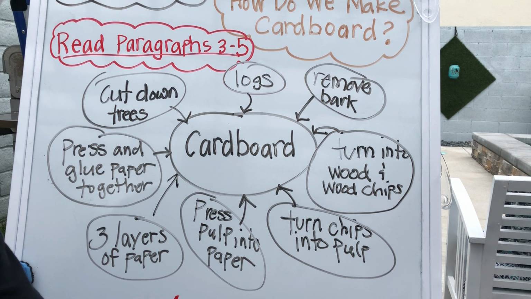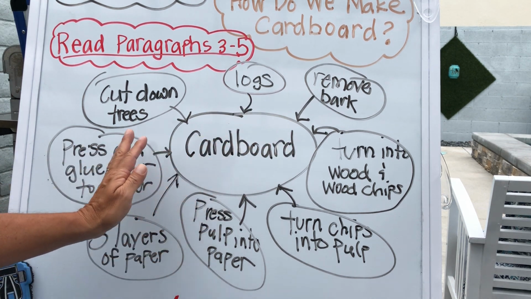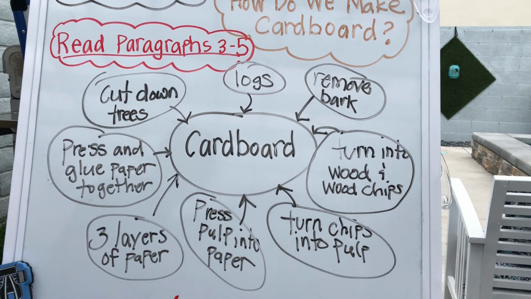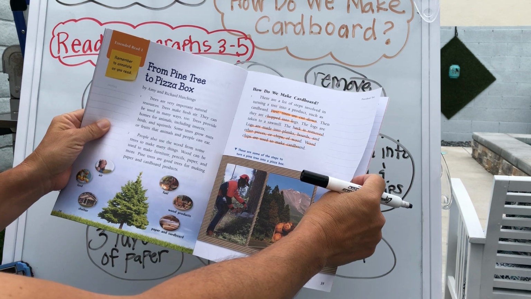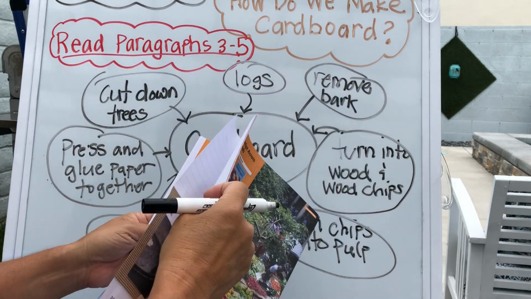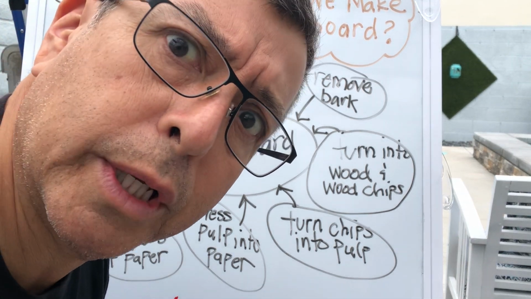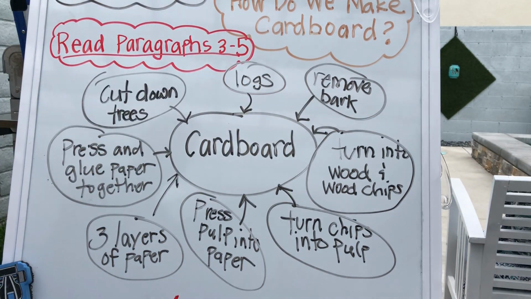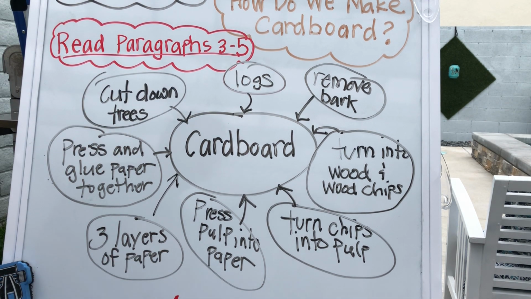A source is where we can find the ideas that we need to help us figure out how to make cardboard. Okay? So once we found our source, then what we did was we read, because we were supposed to read yesterday for homework, so I hope you all read for homework yesterday like you were supposed to. Okay? And today you're going to read again. You need to read that part again, but you only want to read paragraph 3 through 5.